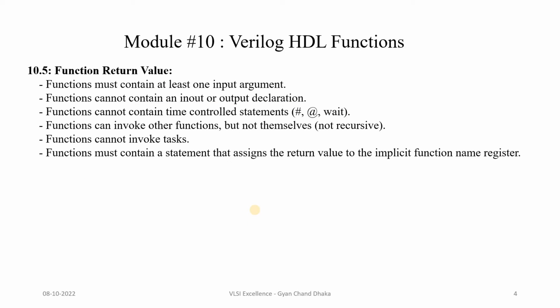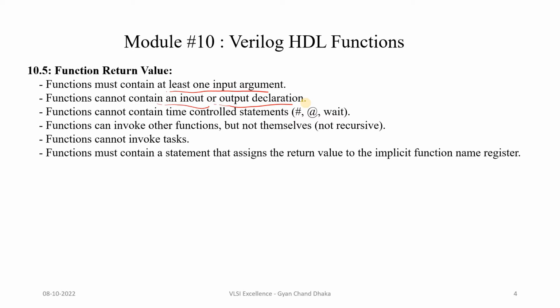Now let's see a few concepts on function return value. A function must contain at least one input argument, and a function cannot contain an inout or output declaration. Functions can only have input arguments.